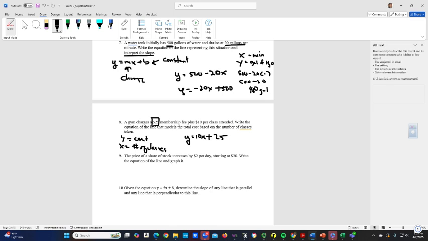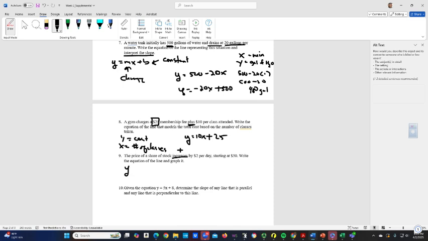All right. So positive slope, negative slope, and depending upon how the story problem represents itself, you should be able to see those keywords: drains, right? Drains means it's getting smaller; plus, added, right? The price of a share of stock increases by $2 per day, starting at $30, right? Equation, right?